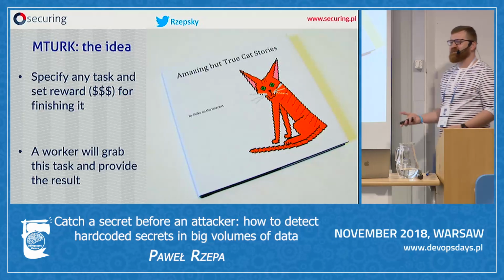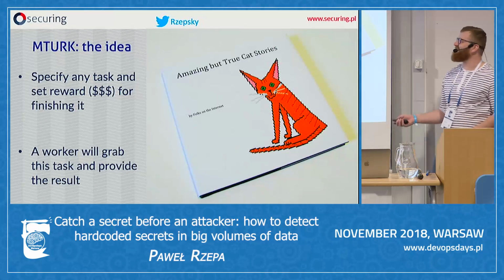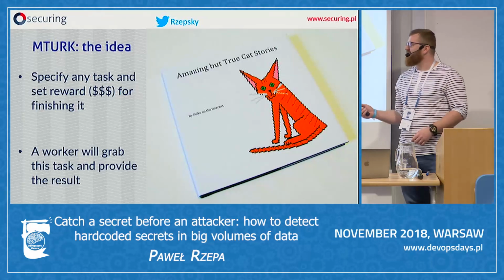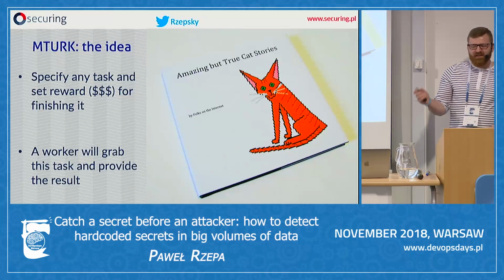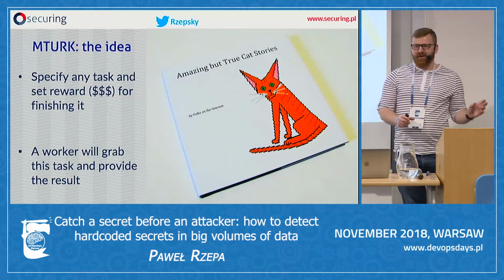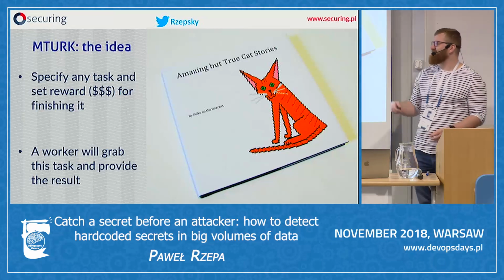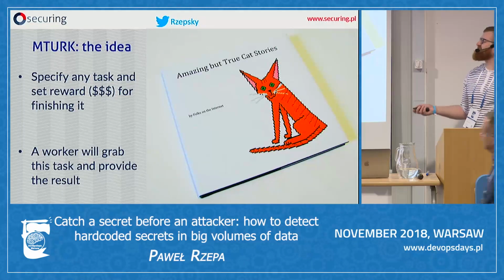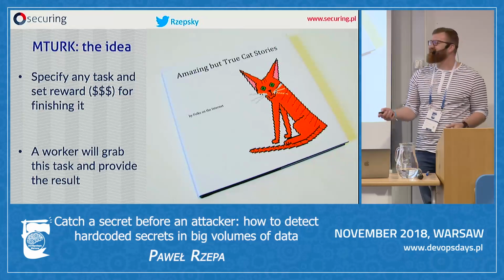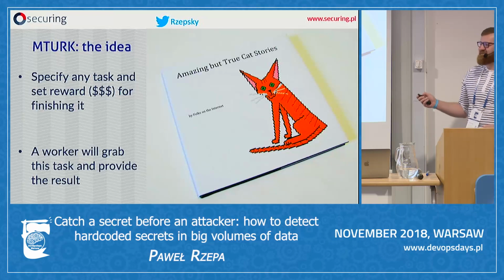Of course, there are some trolls, and one of them gave a task. The task was pretty simple: draw a cat and write a story about him. People were drawing those cats and writing stories about them, and he published it as a book.